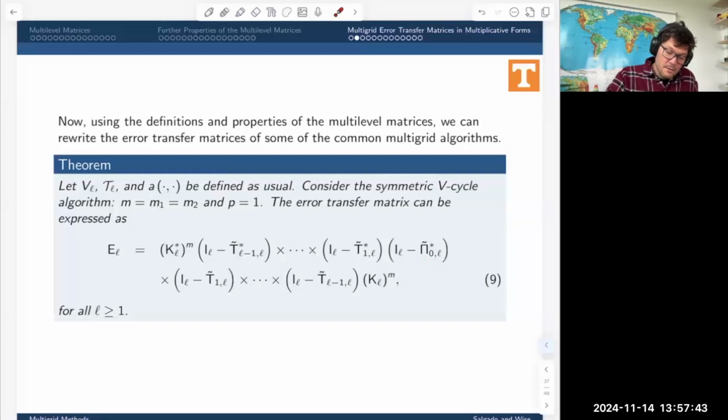And by the way, I found another error. That star should not be there. No star. That's because we know that matrix is already self-adjoint, so we don't have to add that.